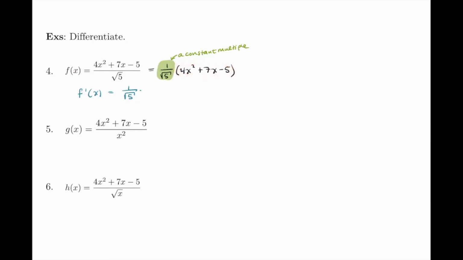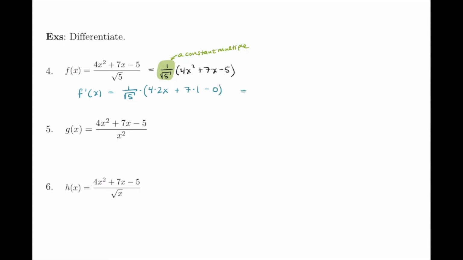So we will now differentiate 4x squared. So it'll be 4 times 2x. Then we'll add the derivative of 7x, which will be 7 times the derivative of x, which is 1. Then we subtract the derivative of 5, which is a constant all by itself, and so its derivative is 0.